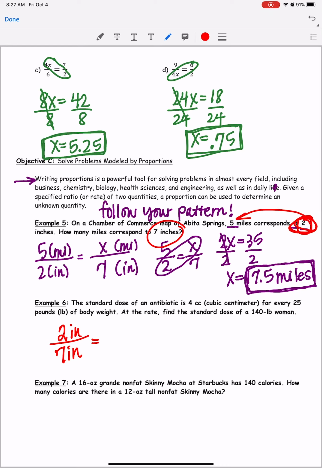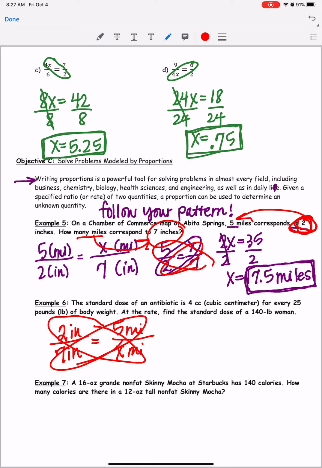That went with the 5. So then I do 5 miles. And then how many miles? My x goes with that 7. So then you do 7 miles. If you notice, when you cross multiply, you're still doing 2 times x and 7 times 5 the same way that we did right here. So it's still a correct proportion.